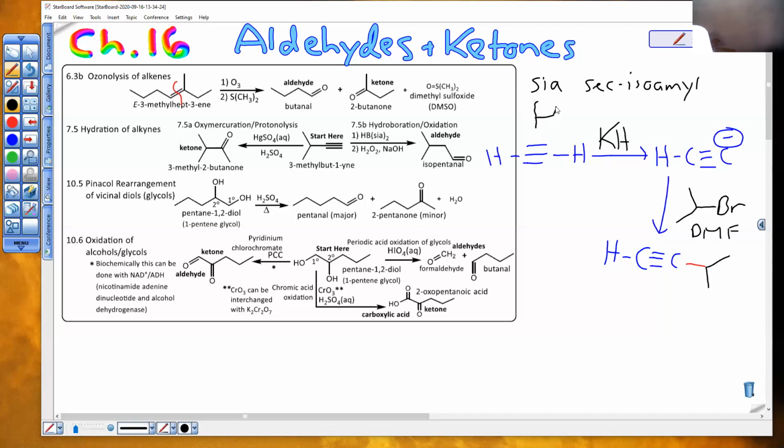And sec-isoamyl. We need two bulky groups attached to the boron, so we're avoiding multiple times this reacting with the pi bonds. And you get a key intermediate that has an OH on the end and a double bond between the two carbons, also called an enol, and it undergoes tautomerization to an aldehyde.